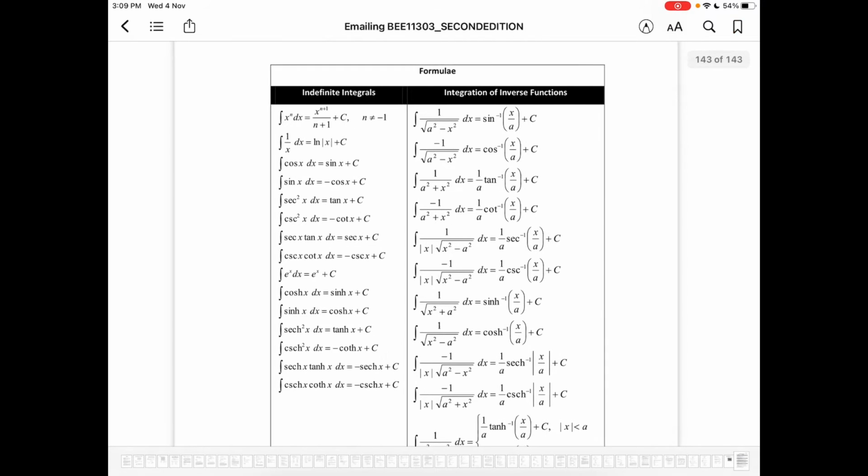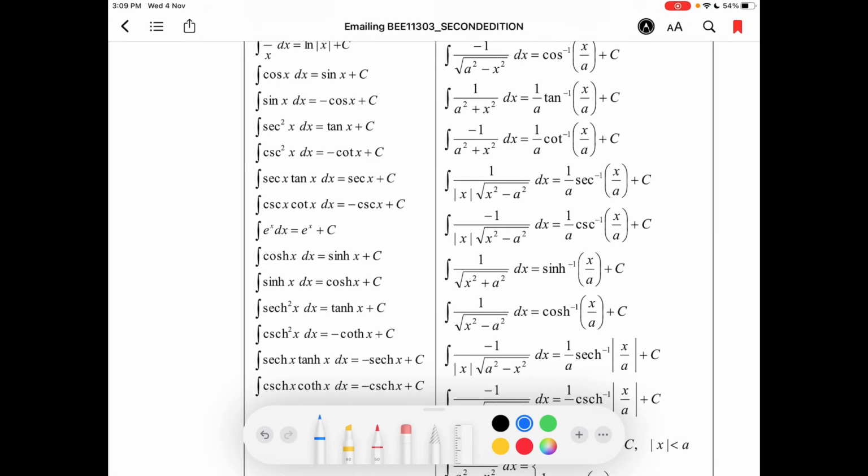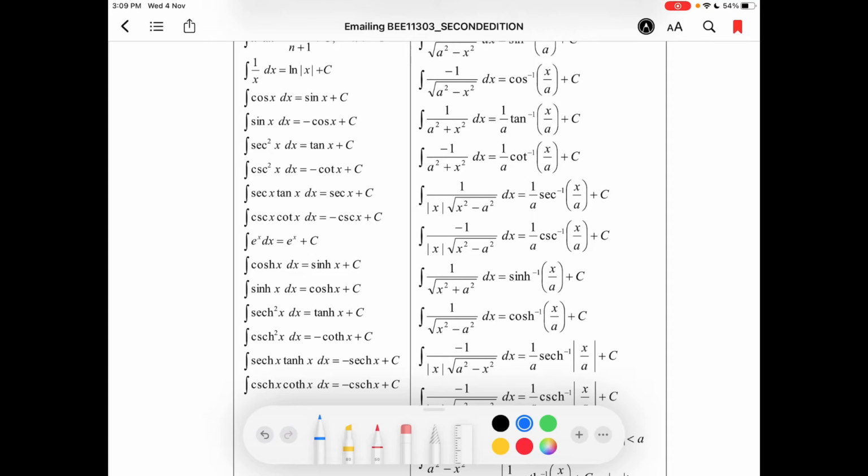So if you are interested to differentiate, the way you read it is this one: integrate cos x, you'll get sine x plus c. This is the integration process, because integration is the reverse process of differentiation. So similarly, if you want to differentiate sine x, you'll get cos x.